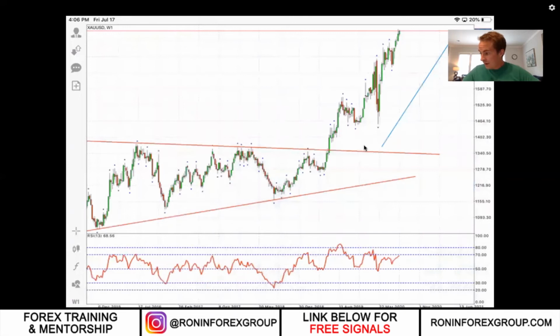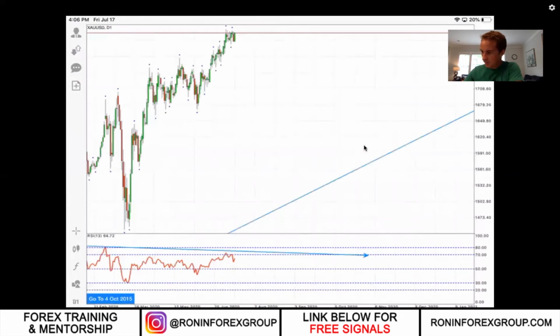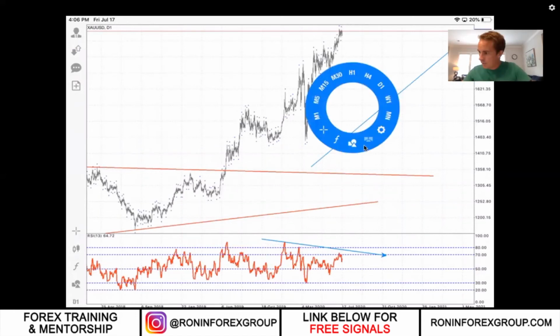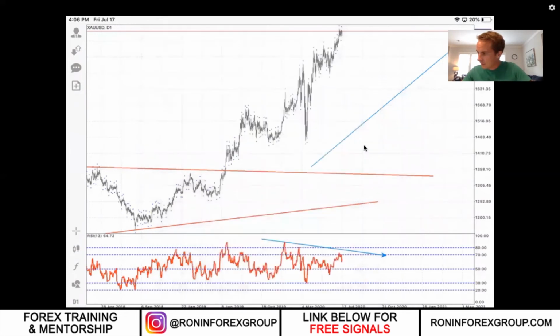I'm not buying it up here. Look at this divergence. But we were trading gold all week in the VIP group and had some amazing trades. I would be watching for at least a dip to buy. Find a dip to buy here, and it could be very good. But now we're kind of consolidating in what looks like an ascending wedge.